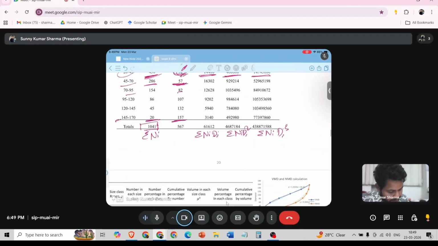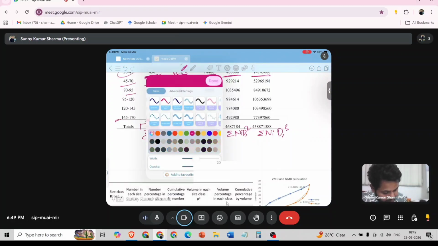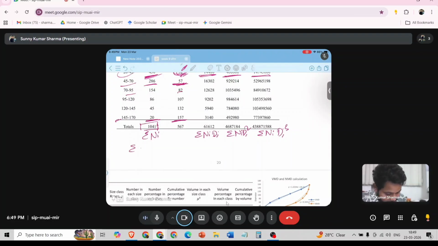Now what we need to calculate is all the mean diameters. The first is the arithmetic mean diameter, D10, which is sigma Ni di by sigma Ni.